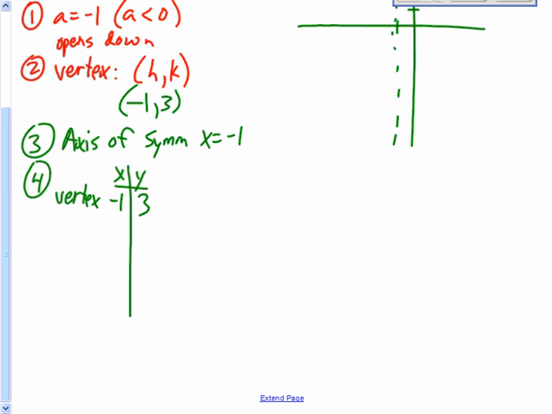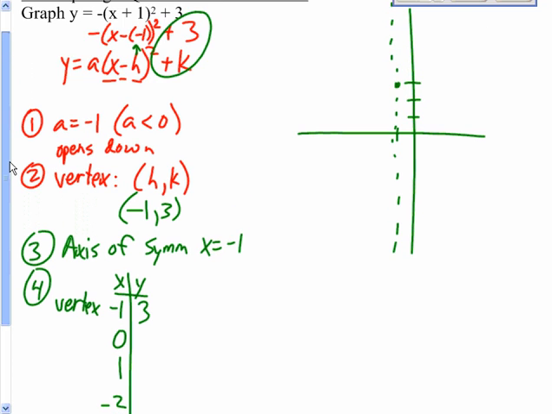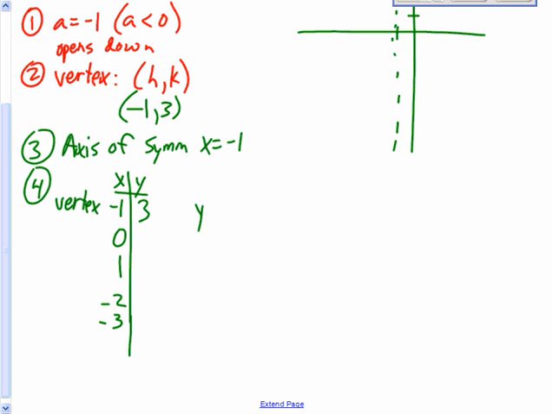Pick a couple to the right of the vertex. So to the right of negative 1 would be 0, and then a 1. To the left of negative 1, negative 2, negative 3. And then we start plugging that thing in. Okay, so let's plug in 0.